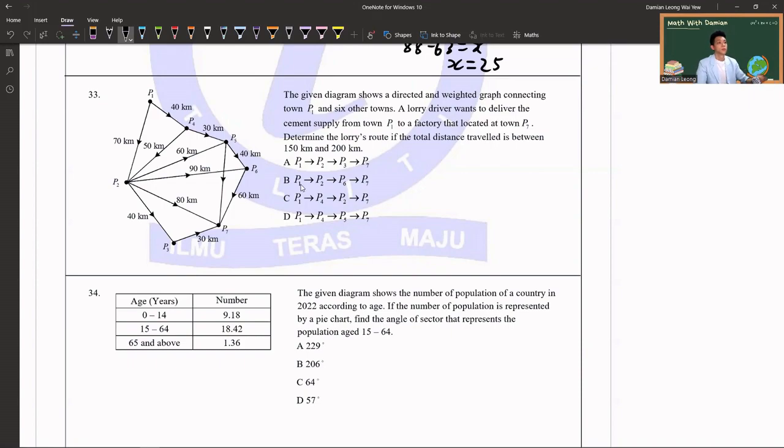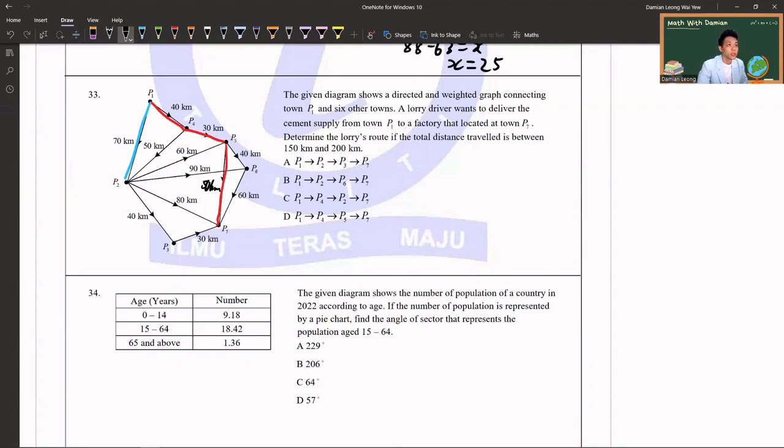From P1, I can go here or here, so it's possible for these two ways. The more direct way to P7 is this, which has missing information that should be 50 km, not written in.